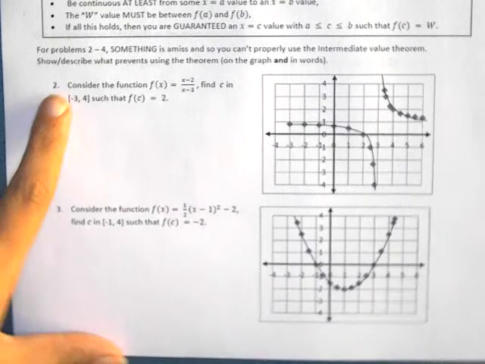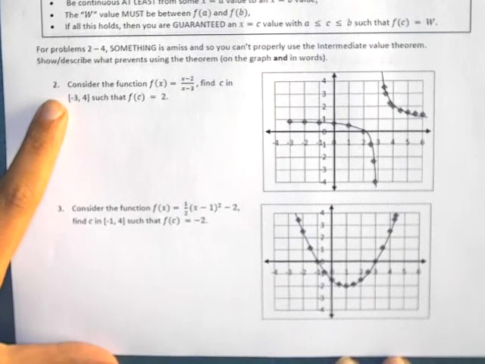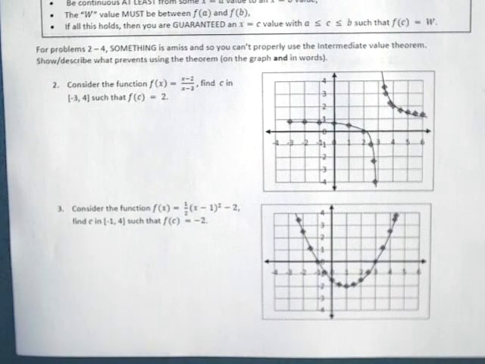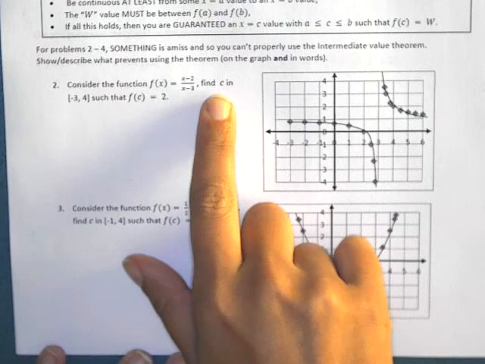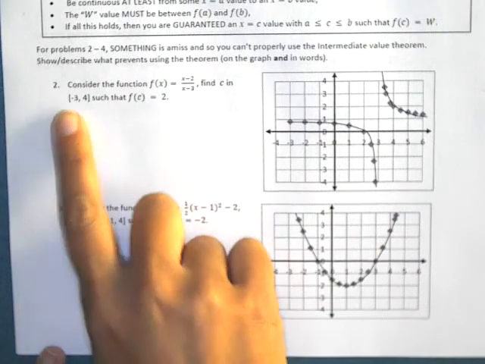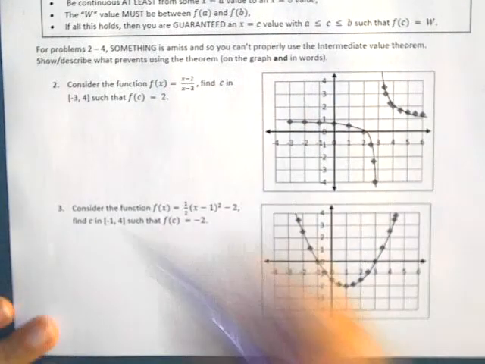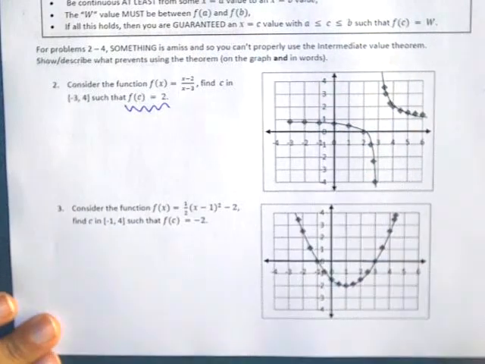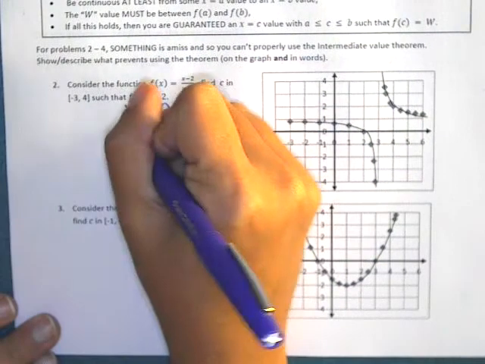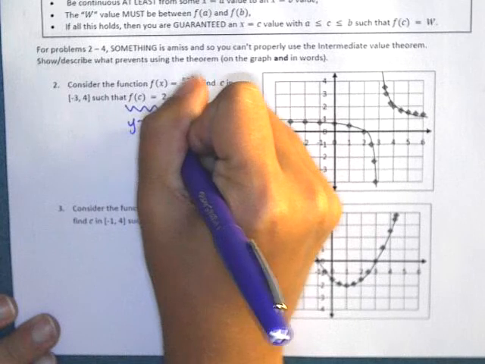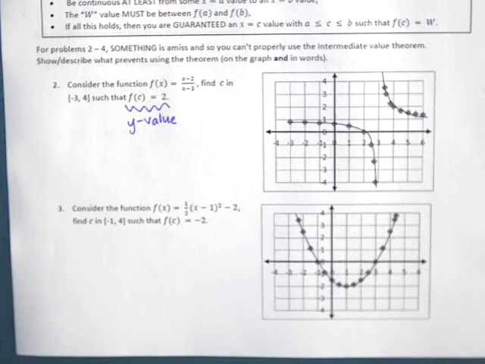For the first function, the function in problem number 2, it says consider the function f of x equals this guy, find c between -3 and 4, such that f of c is equal to 2. Well, this is asking us to guarantee a specific y value. So before we can do that, we need to make sure that the conditions of the theorem actually apply.